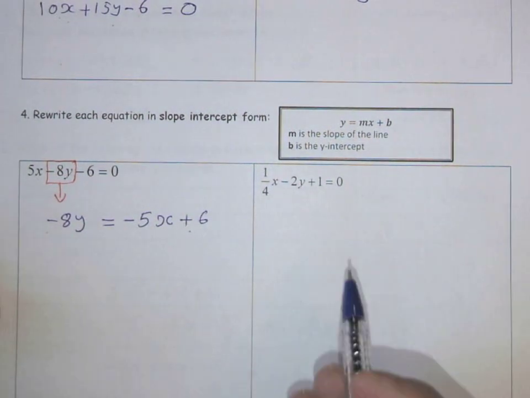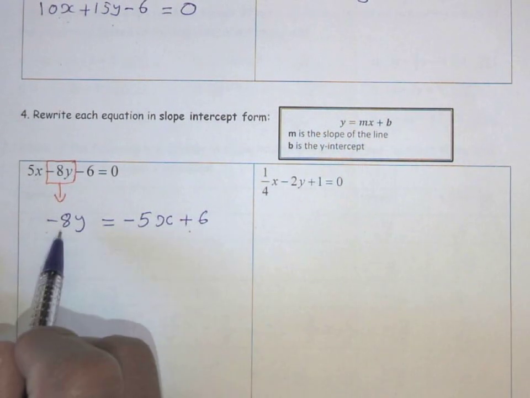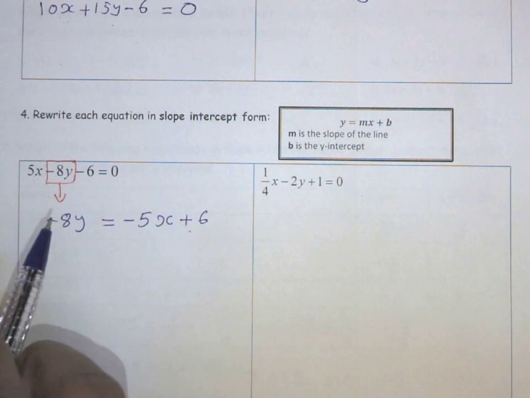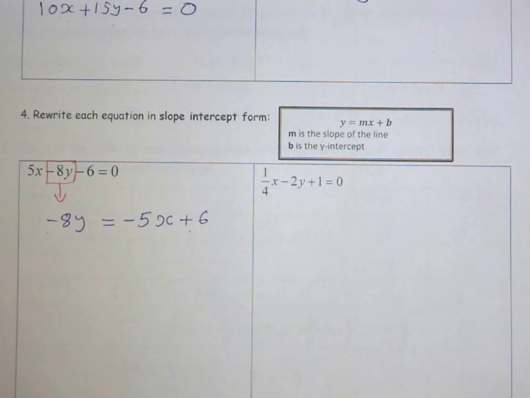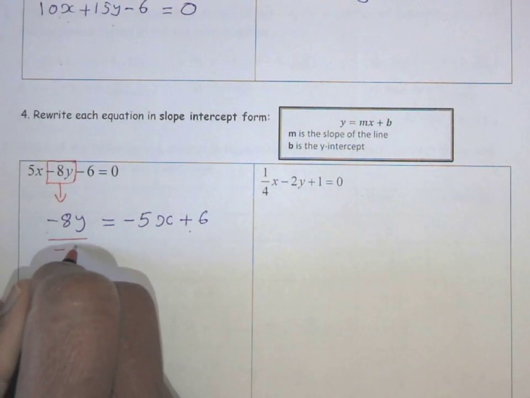Again, y should be all alone, but what we have here is a negative 8 with y. So how do we isolate y? The only way is dividing every term by negative 8.